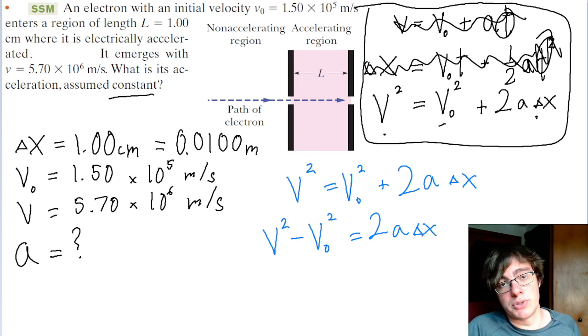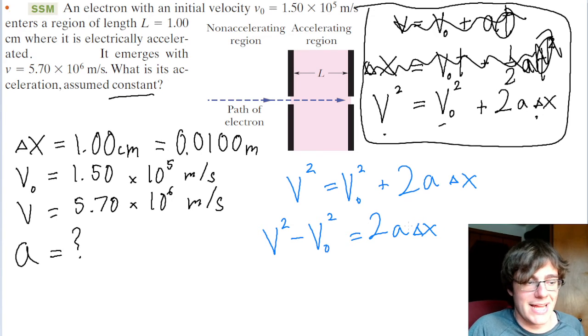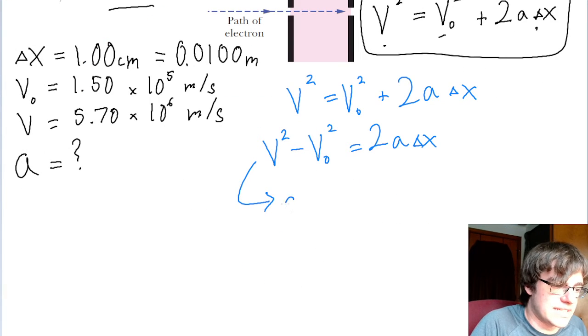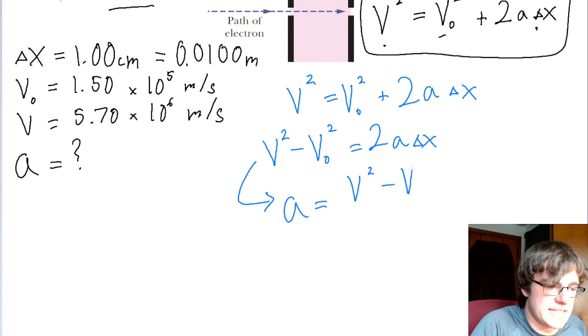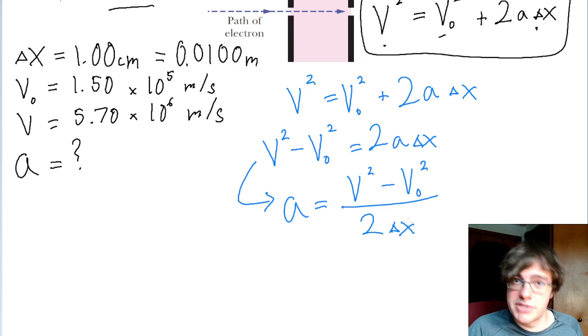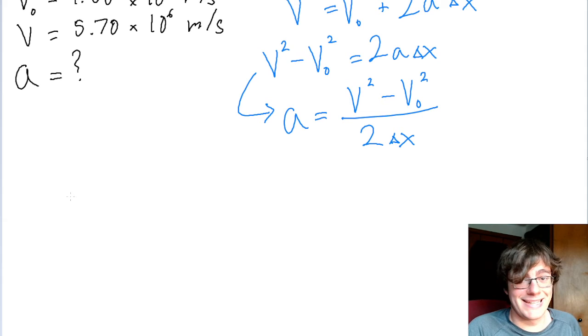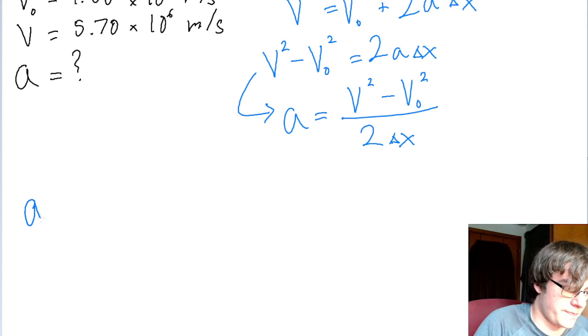And then we'll divide both sides of the equation by 2 and delta x. So this gives us an equation of acceleration equals v squared minus v naught squared, all divided by 2 multiplied by the change in horizontal position. So all that's left for us to do at this point is plug in the knowns into the variables of those equations and get our final answer.